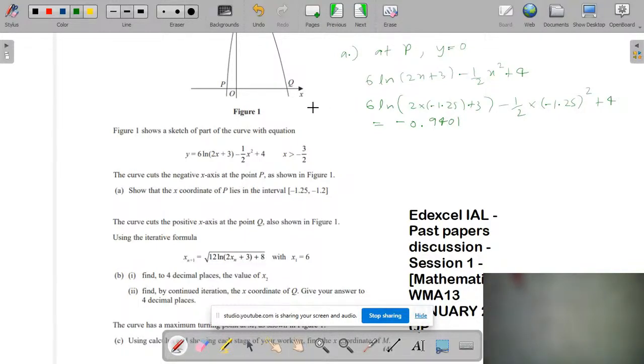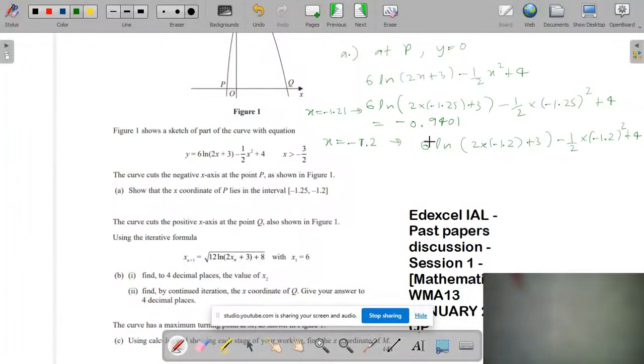Similarly, I can substitute minus 1.2 also. I mentioned there, after I have done x equals minus 1.25, then I substitute x equals minus 1.2. Let's see what is happening. 6 ln(2 into minus 1.2 plus 3) minus half into minus 1.2 squared plus 4.